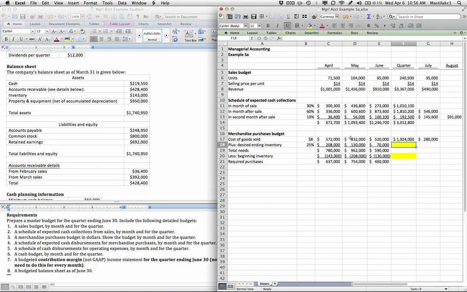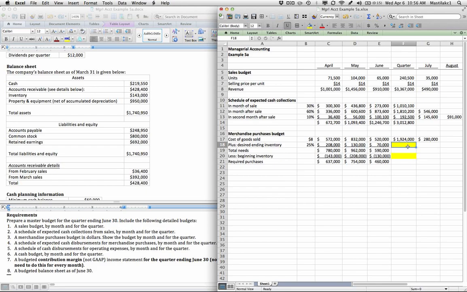If we look at the quarter, during the quarter we're going to sell 240,500 units at $8 a unit. Our total cost of goods sold for the quarter will be $1,924,000. If we want to look at our ending inventory for the quarter, we're sort of zooming out, we're losing the month-by-month detail and just looking at the quarter as a whole.